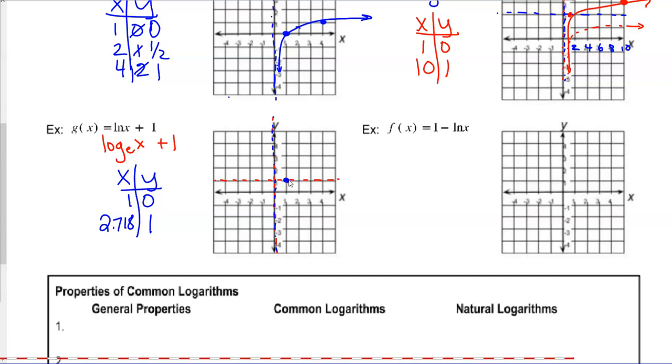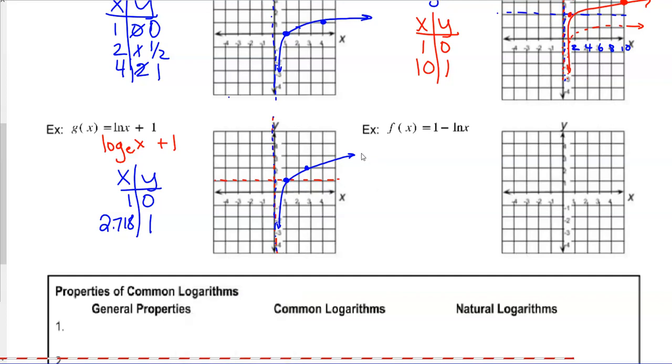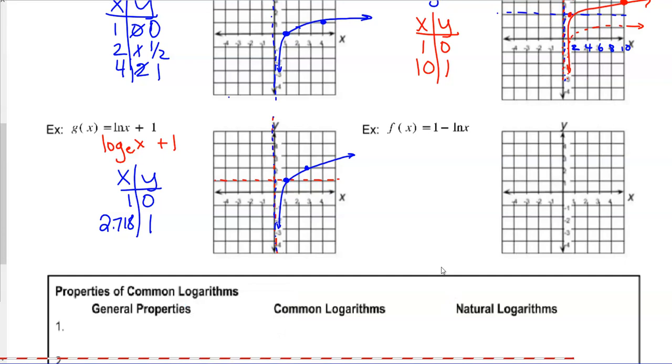If I go over 2.718 up 1, gives me this point. If you wanted to square e to figure out that number, I think it's like 7.36 or something like that, you would go out 7.36 up 2 would be that next point. But these are good enough. And again, with my lab math, I'm sure they're probably going to try to have you identify which graph matches with the function.